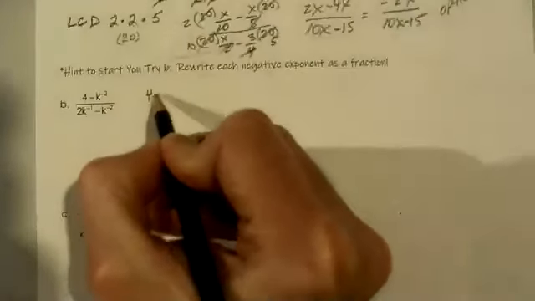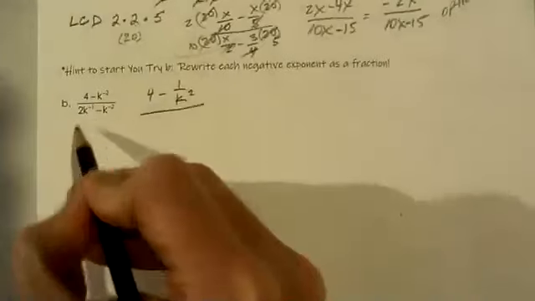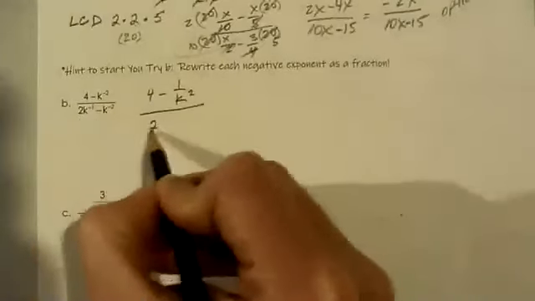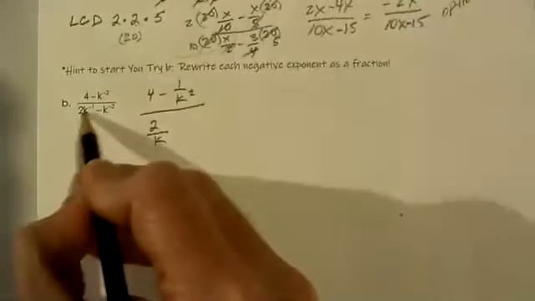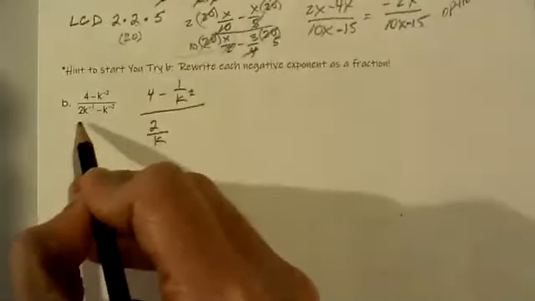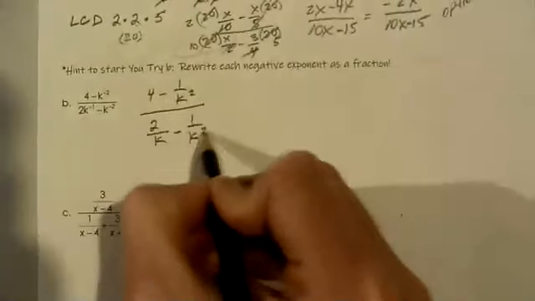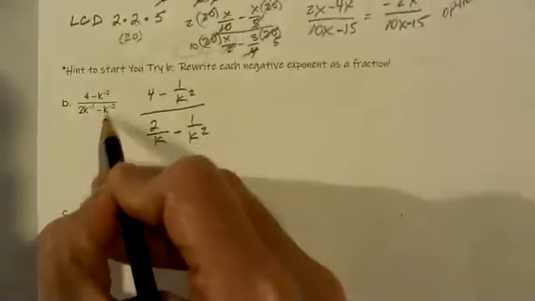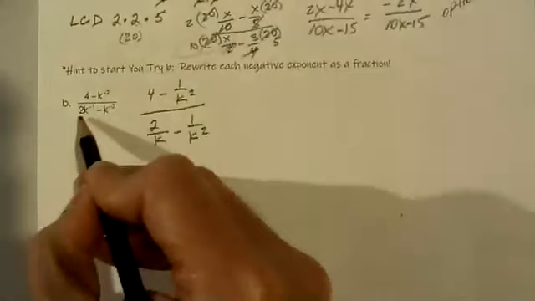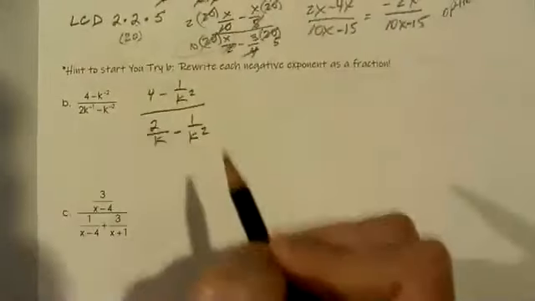So we have 4 minus 1 over k squared, 2 over k, because it's not adding and subtracting, so it goes in the denominator of the 2, minus 1 over k squared. It's not attached to the 2k, so it doesn't go into its denominator.